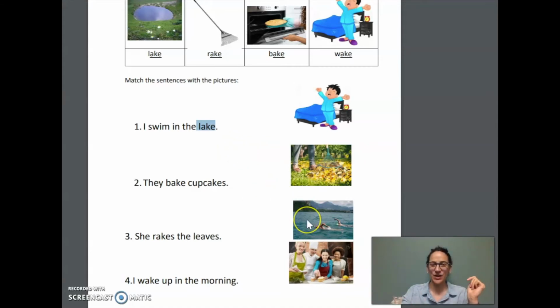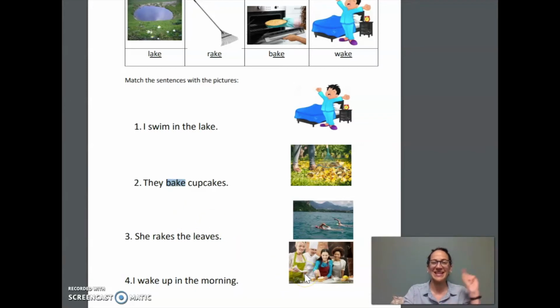Yes, here. You can point or circle it on your paper. Number 2, they bake cupcakes. Where is the ache word? Yes, bake. Very good. Which picture shows this?